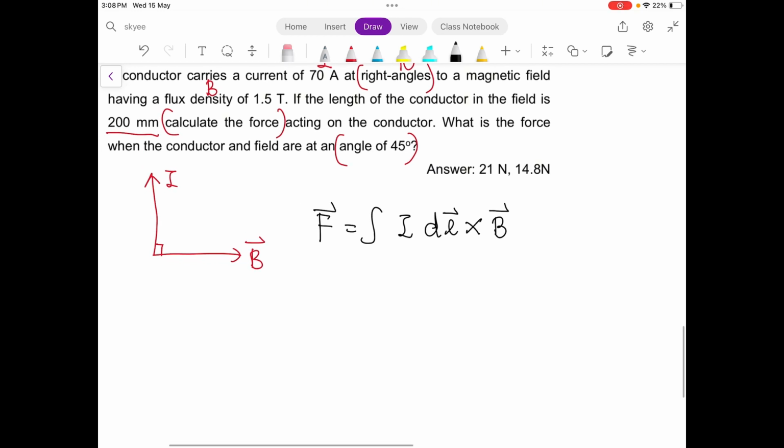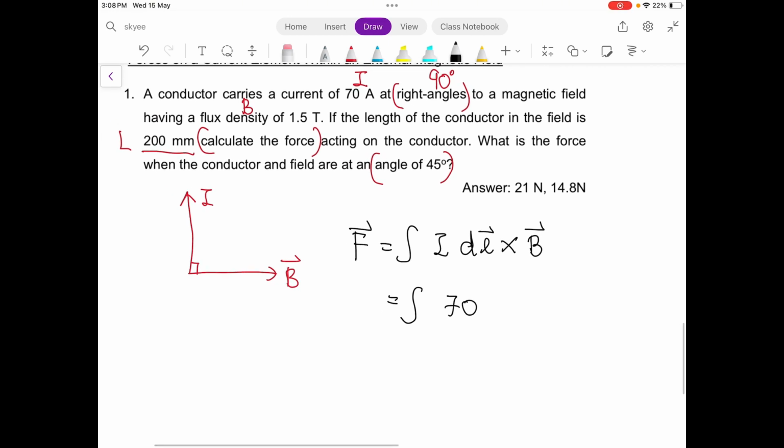We know the value of I, which is 70. We have no idea where this I is located, so maybe I can just assume it.